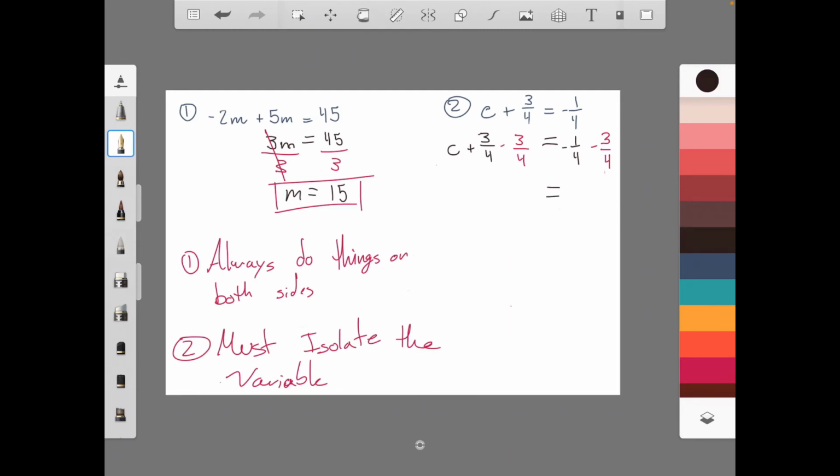So this cancels out, which leaves us with c is equal to negative 1/4 minus 3/4, which is, as you know, when you subtract fractions with the same denominator, you just subtract the numbers on the top, right? So negative 1 minus 3 is equal to negative 4/4, or c is equal to negative 1.